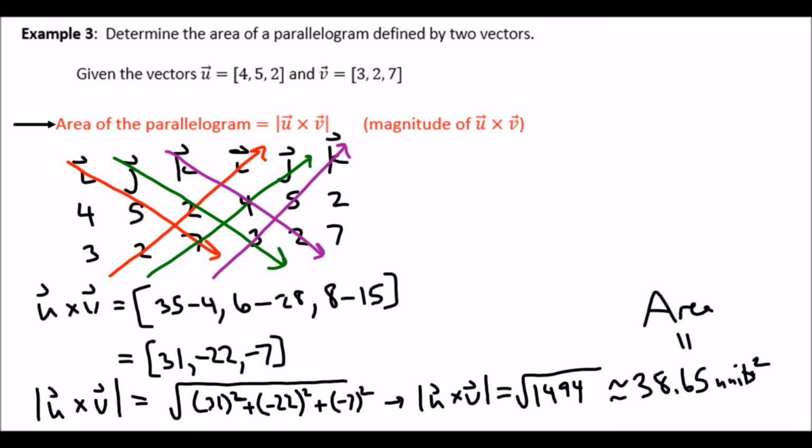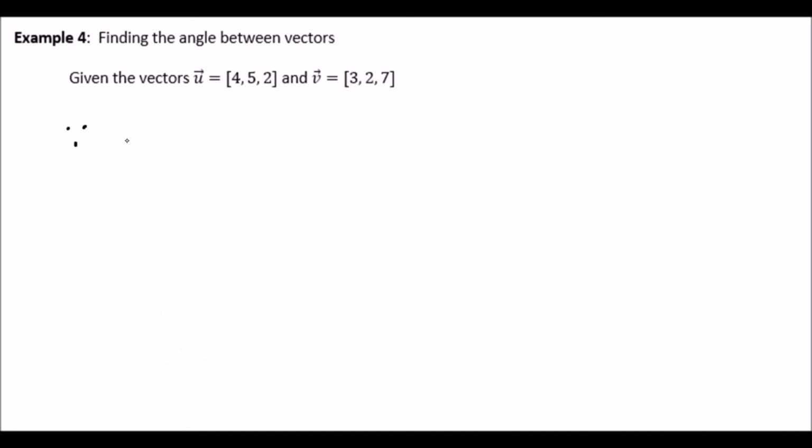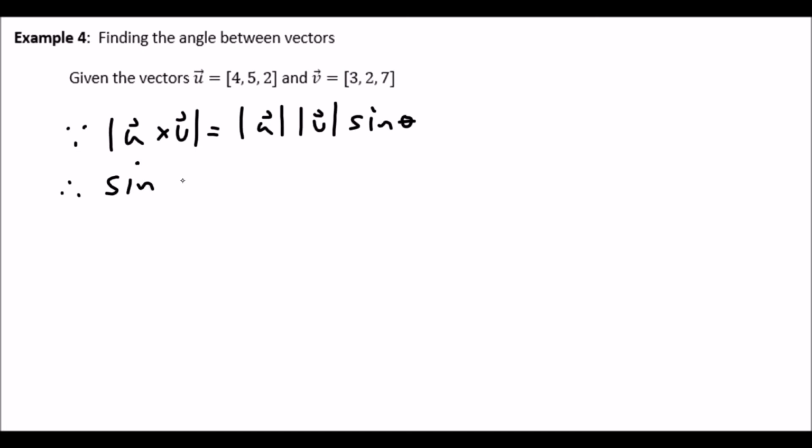Okay, if you've done that, we can also find the angle between the two vectors. To find the angle between the two vectors, same as before, because the magnitude of u cross v is equal to the magnitude of u times the magnitude of v sine theta, if I rearrange that formula and isolate for sine theta, sine theta is equal to the magnitude of u cross v all over the magnitude of u times the magnitude of v.